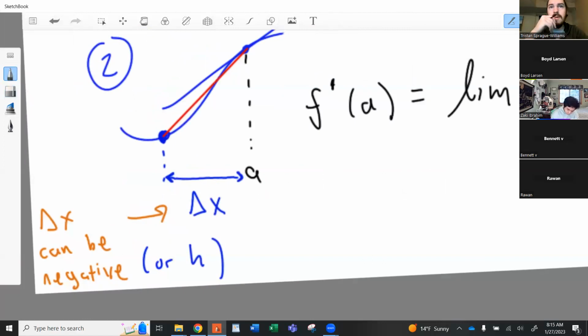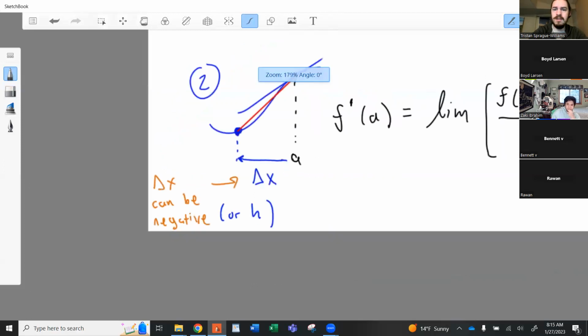Okay, so delta x, you don't want to exactly think of it as a distance. I said distance earlier, but that's not quite the right idea because if it's a positive delta x, we're over on this side. If it's a negative delta x, we're over on this side. Okay, so it is like a number that you add to a to change it, either by shifting it left or shifting it right.